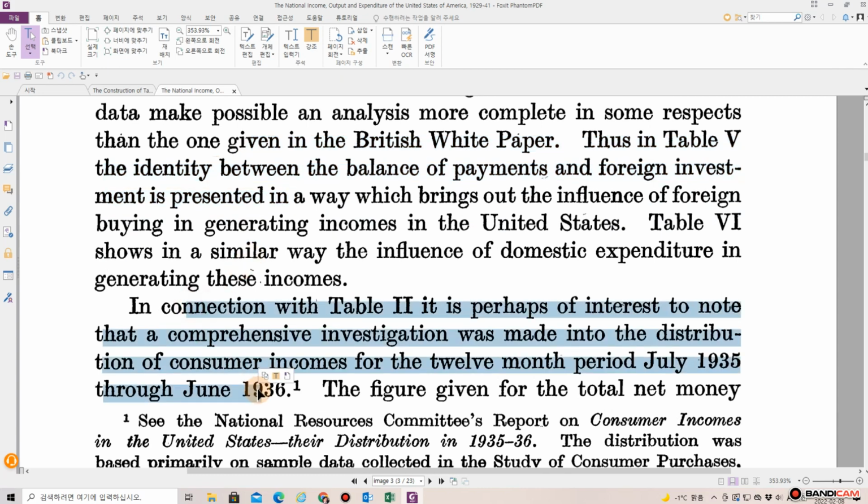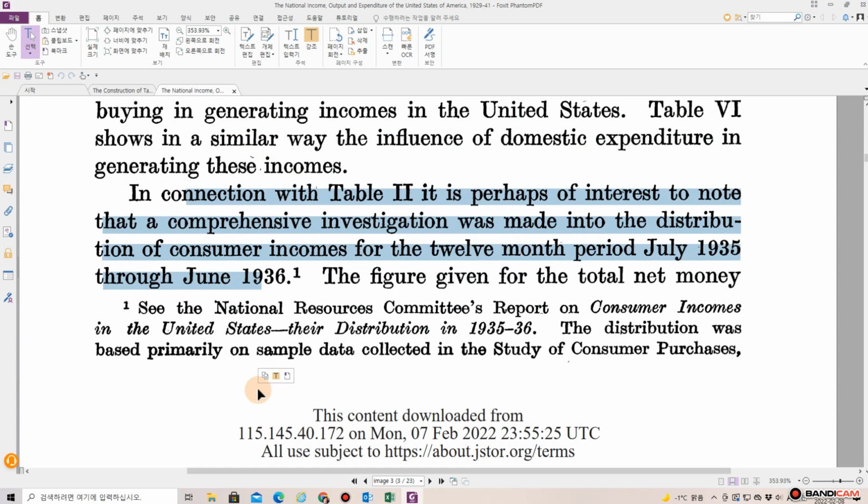In connection with Table 2, it is perhaps of interest to note that a comprehensive investigation was made into the distribution of consumer incomes for the 12-month period, July 1935 through June 1936.